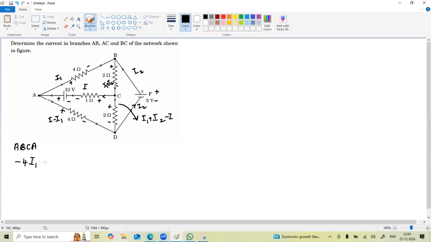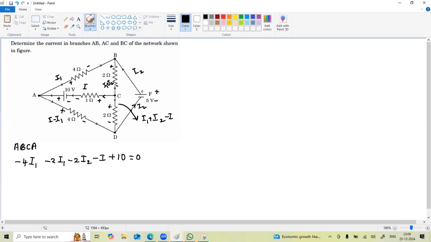From B to C, minus 2 times (I1 plus I2). You open the bracket: minus 2I1, minus 2I2. Now from C to A, there's a 1 ohm resistor with current I. It's leaving from the negative terminal, so minus I. For the cell, the current is leaving from the positive terminal to the left, so plus 10. Total potential difference is 0.